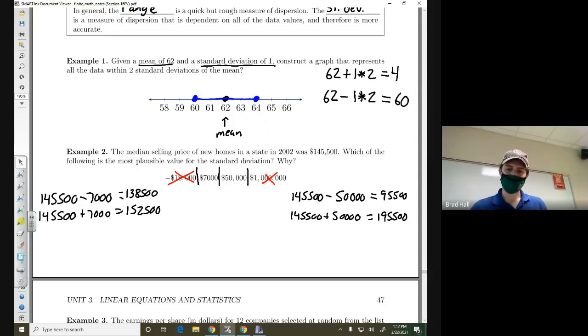So the 7,000, I'm going to argue, now this might be an unfair problem for people who might not be aware of the housing market, especially in 2002 when probably some of you might have been born, but there's a fairly decent variety in terms of the values of homes, a lot more than this very limited interval from here to here.